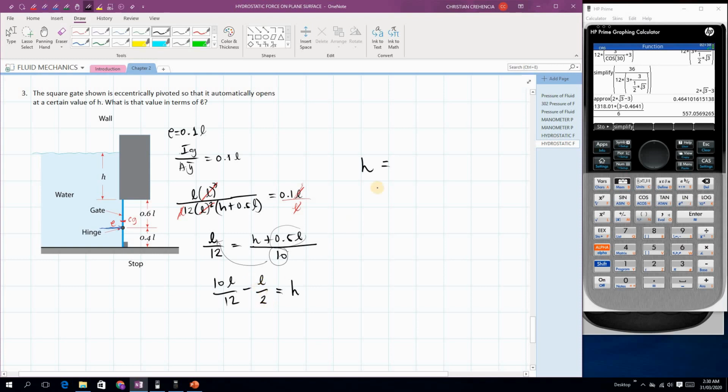So, magiging 6 over 12. So, 10 L over 12 minus 6L over 12. That's L over 2, 1 half. Okay, then we can now solve for H equal to 4 over 12 L or L over 3 or 1/3 L.